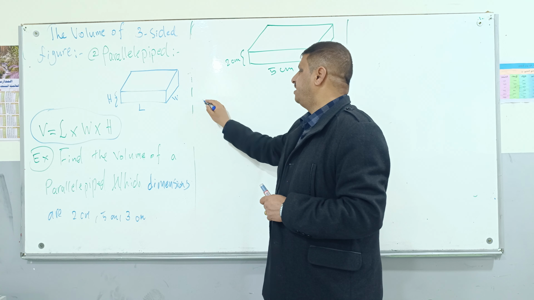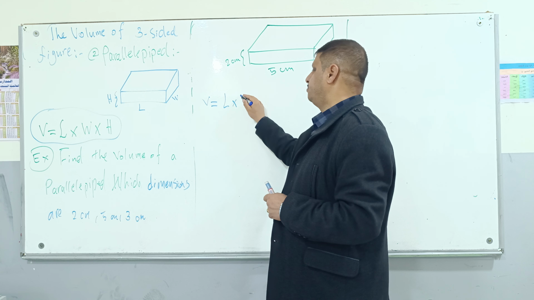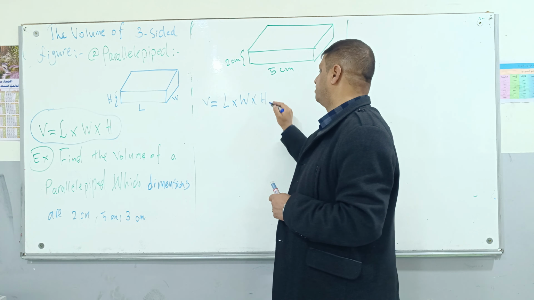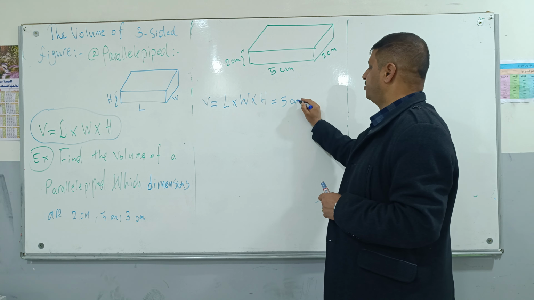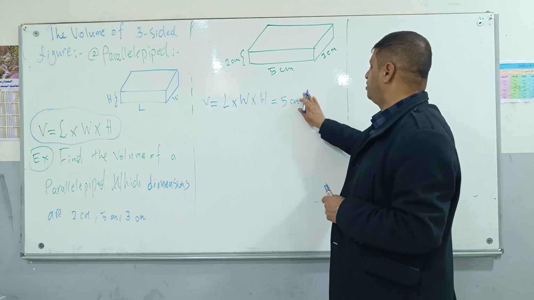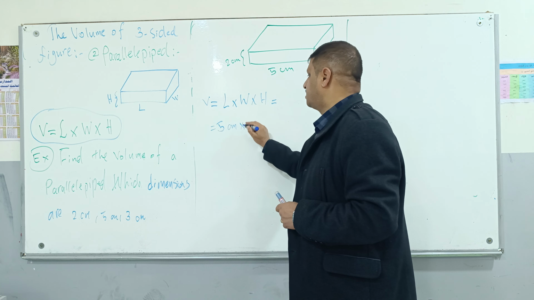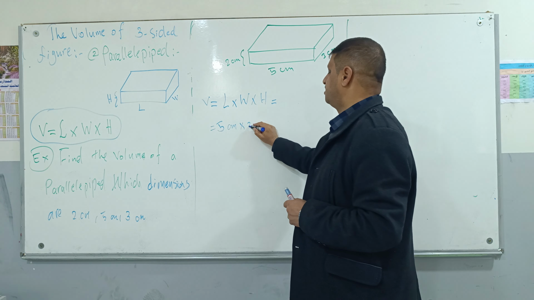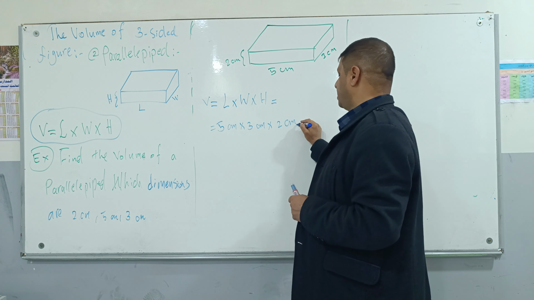Now, V equals length times width times height, equals length 5 centimeter times width 3 centimeter times height 2 centimeter.